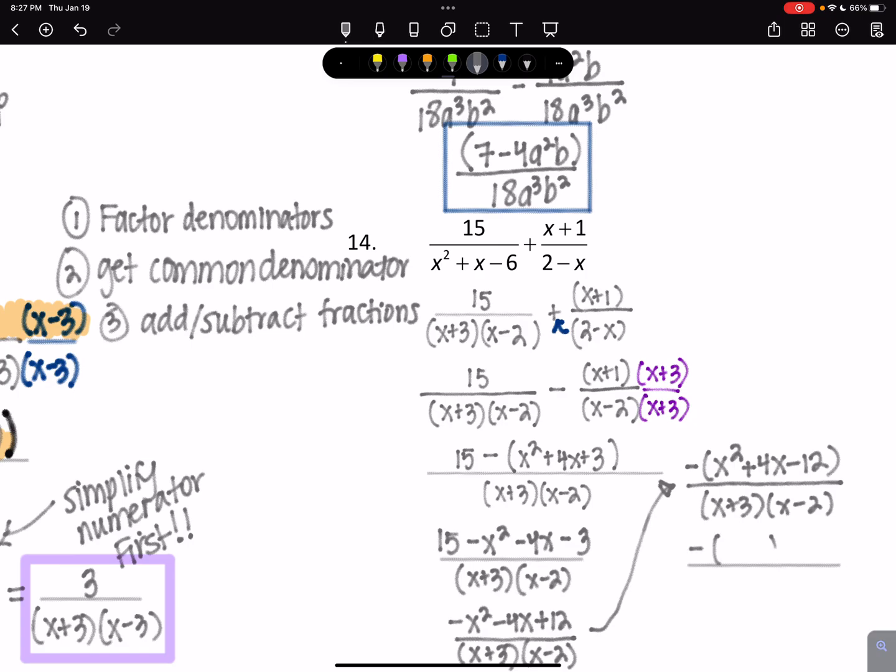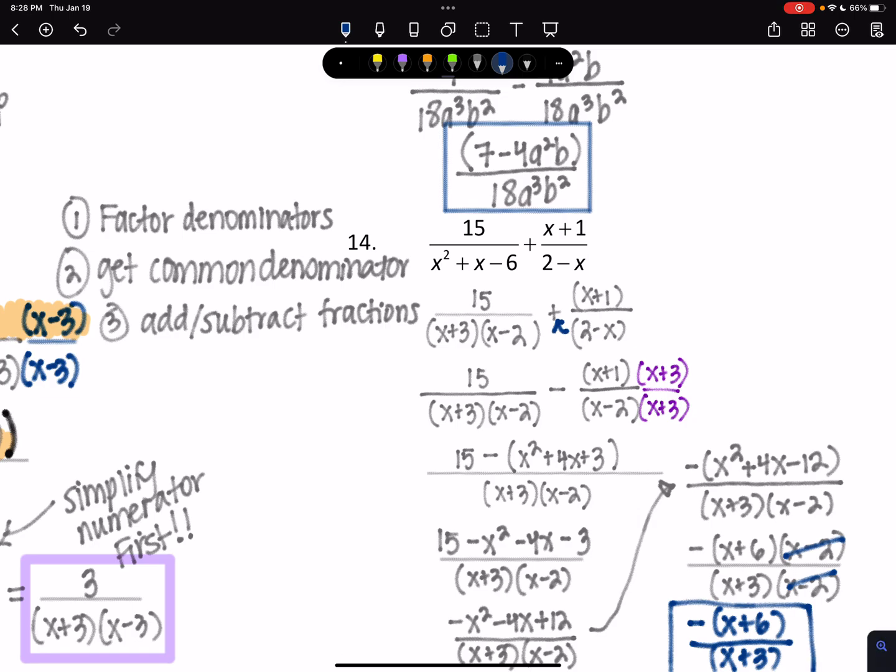That's going to factor to be (x plus 6)(x minus 2). And the denominator is still (x plus 3)(x minus 2). And then the x minus 2's cancel out. And I've got the opposite of x plus 6 all over x plus 3. That's our final answer.